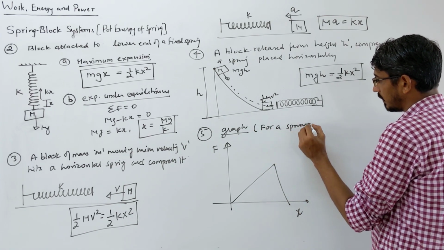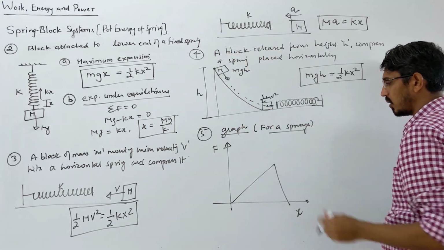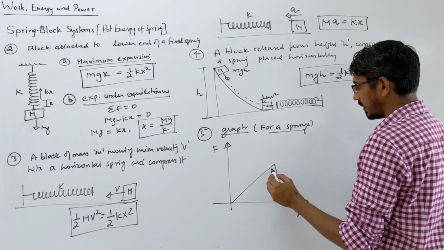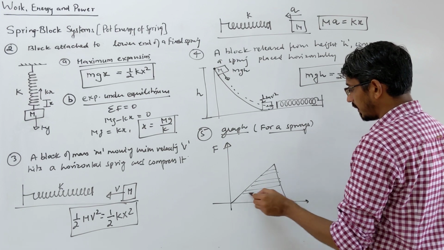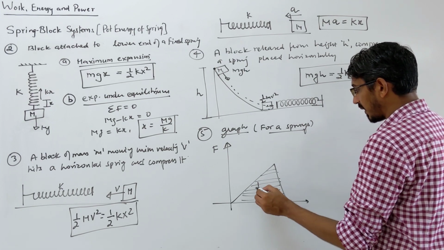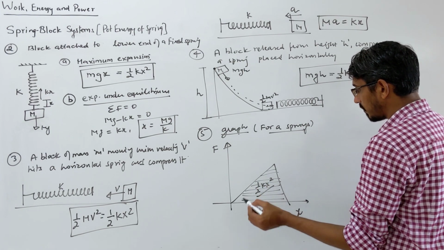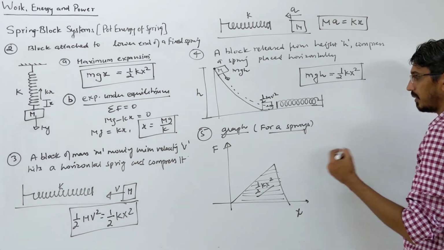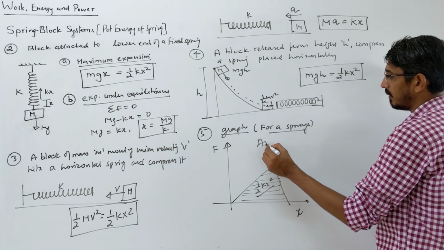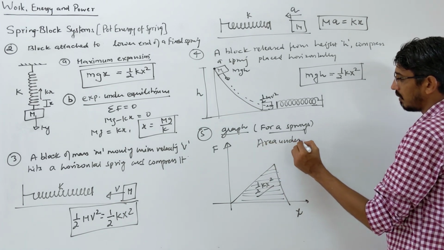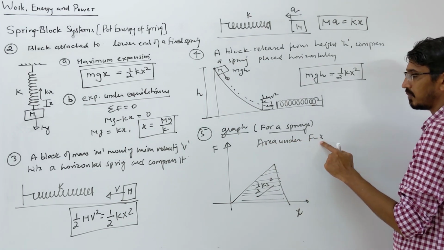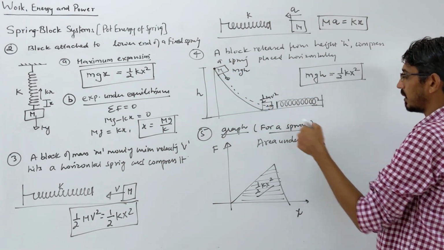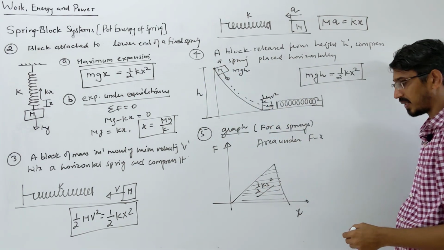If we calculate the area under this curve, you calculate the work done compressing a spring or the potential energy stored in a spring. So I am writing in words: the area under the F-x graph, where F is the applied force and x is the compression or expansion of the spring.